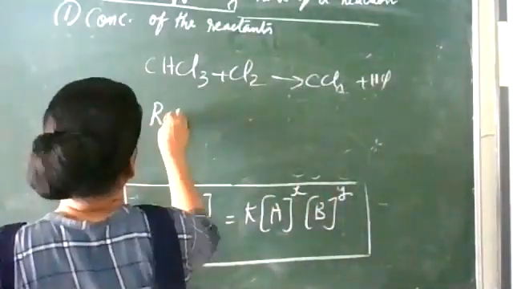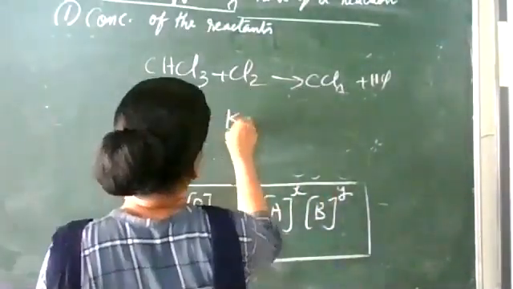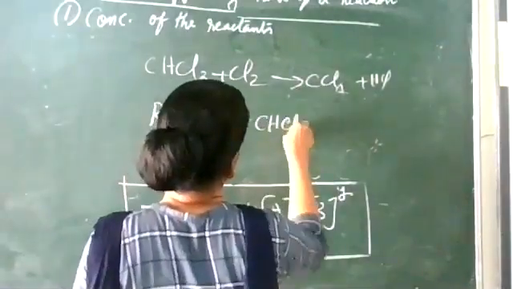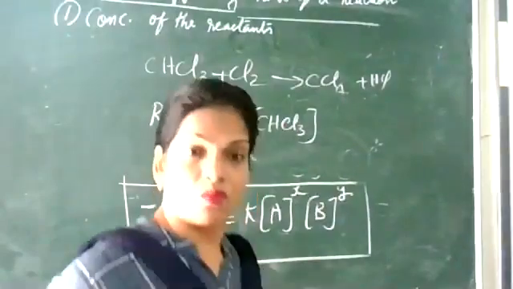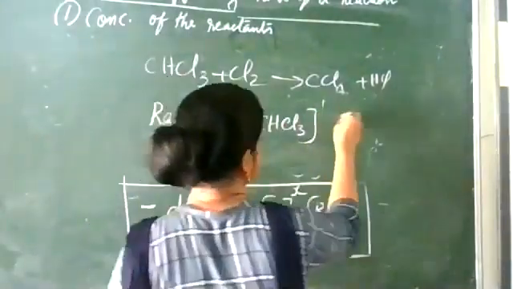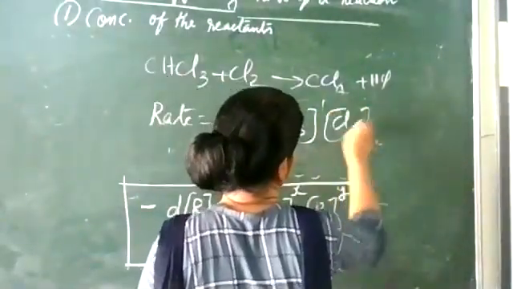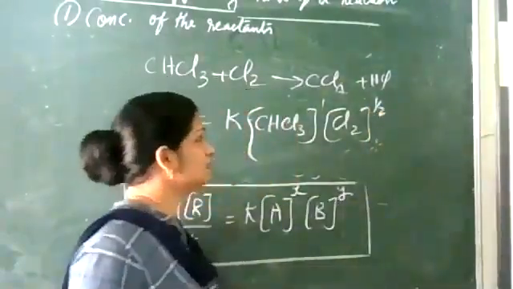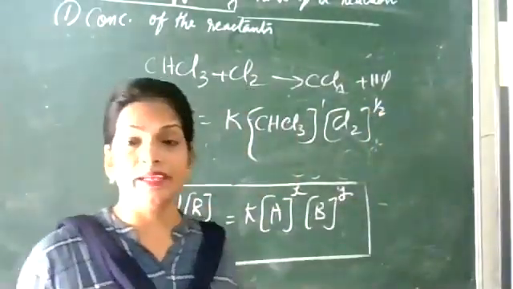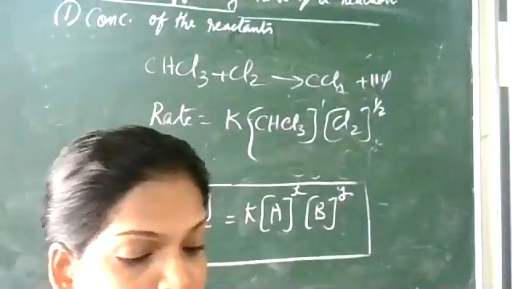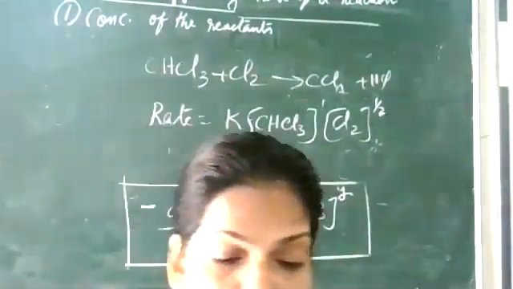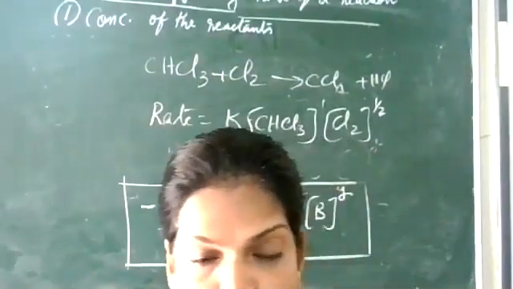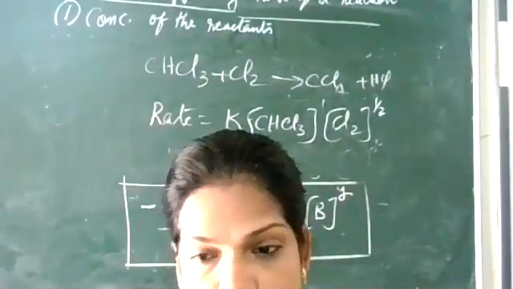Suppose the rate is equal to the rate constant times [CHCl3] to the power 1 and [Cl2] to the power half. This is the rate equation, the rate expression. So what is the overall order of the reaction? 1 plus half, that is 1.5, that means 3/2. That is the order of the reaction.